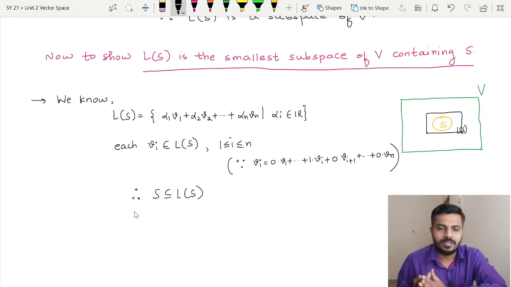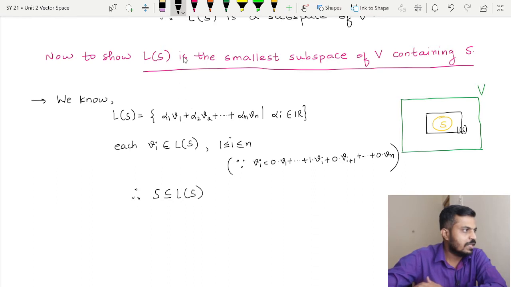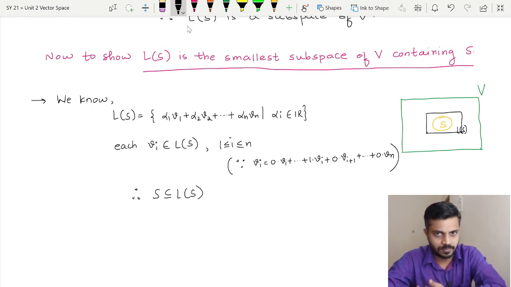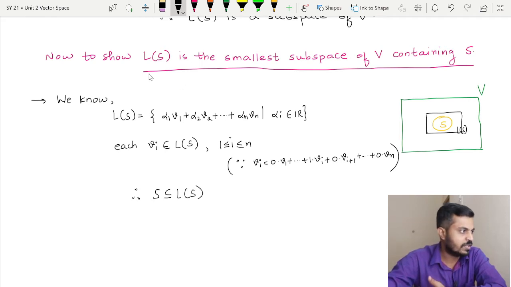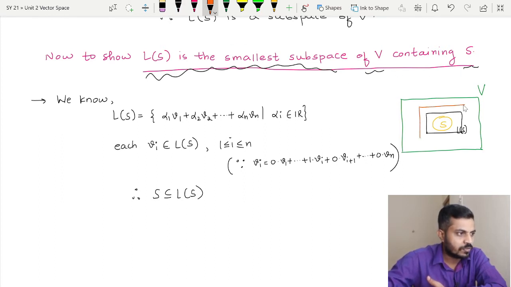Now we have to show that this L of S is the smallest subspace of V containing S. So the meaning is, if I take any other subspace of V containing S, this is important because the statement says it is the smallest subspace of V containing S, then what should happen?